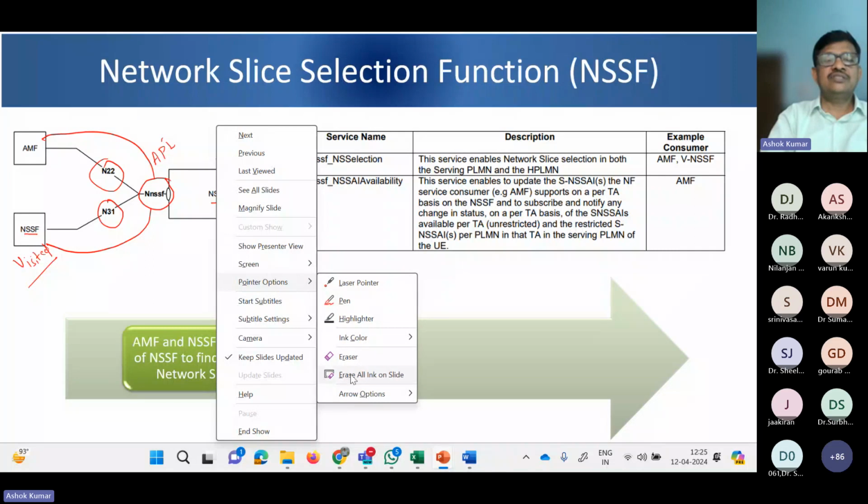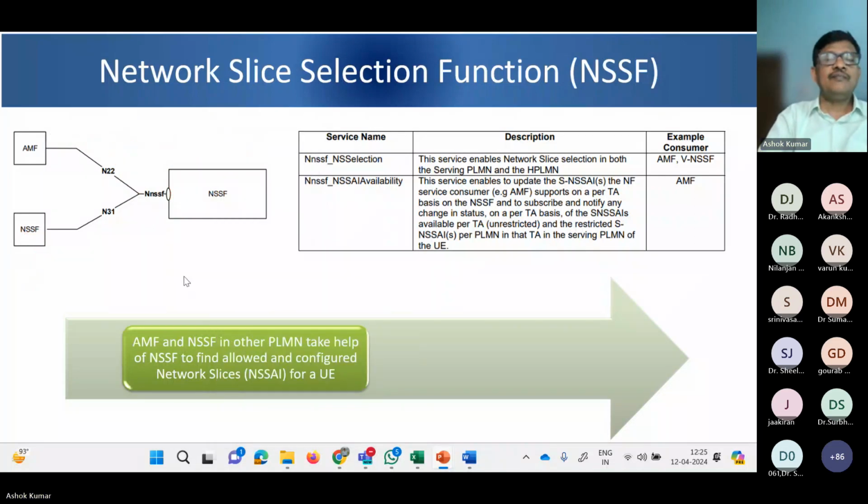This is a very important concept. Whenever a UE is connected to the network and tries to ask for access to a network slice, the AMF talks to NSSF.